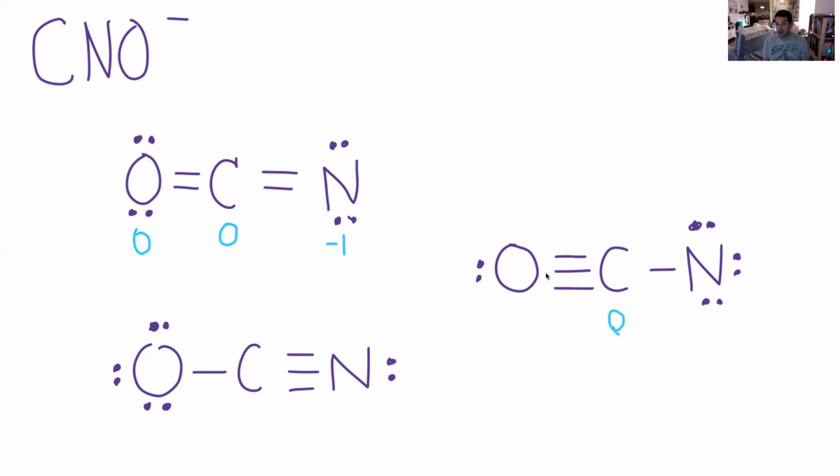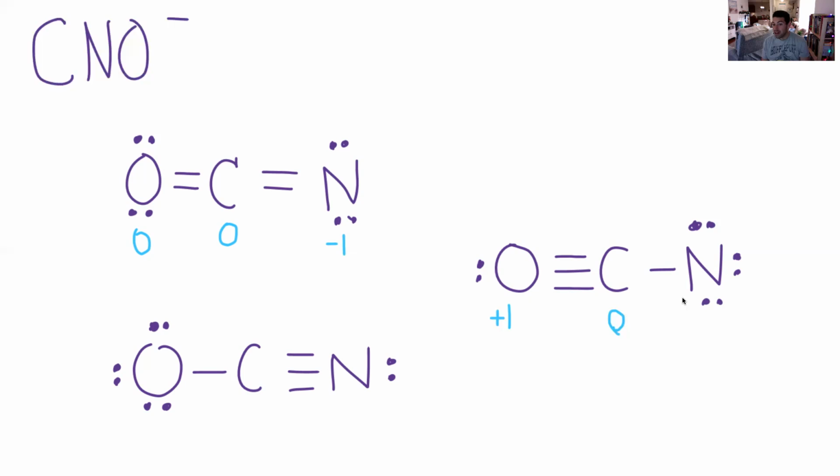In our second drawing, carbon has a formal charge of 0 again. It has 4 bonds. That would be 4 electrons, 4 minus 4. Carbon should have 4. It is using 4. The oxygen has a formal charge of +1. Oxygen should have 6 electrons. In this depiction, it only has 5. So 6 minus 5 is +1.